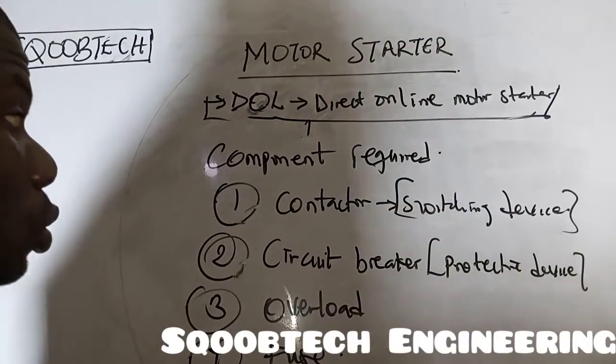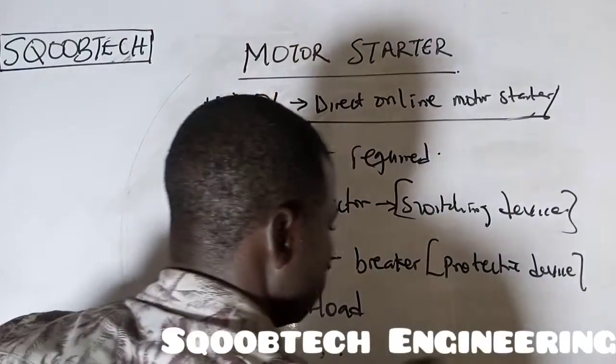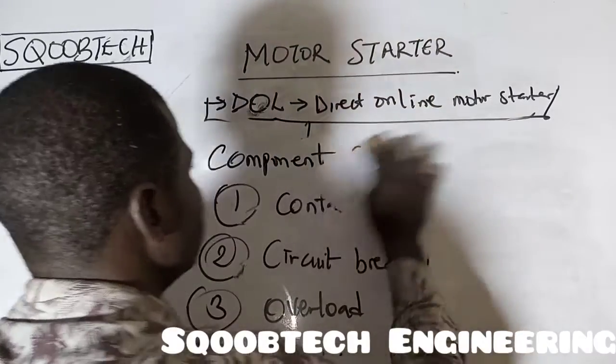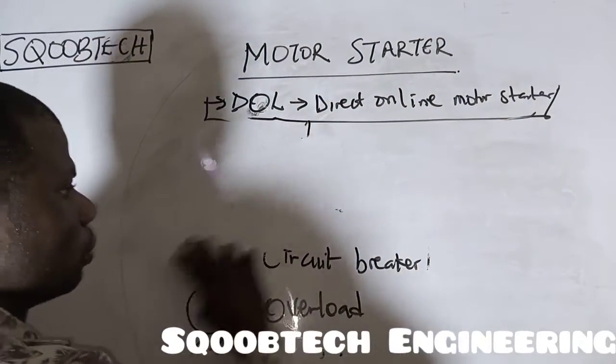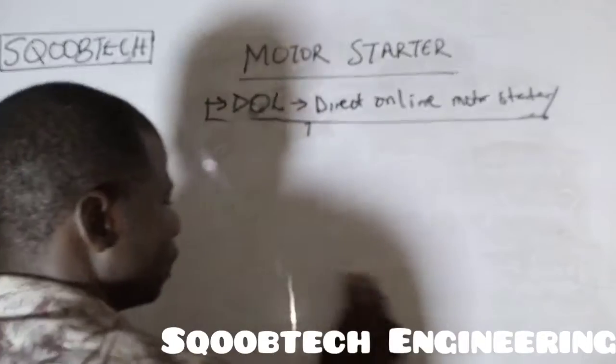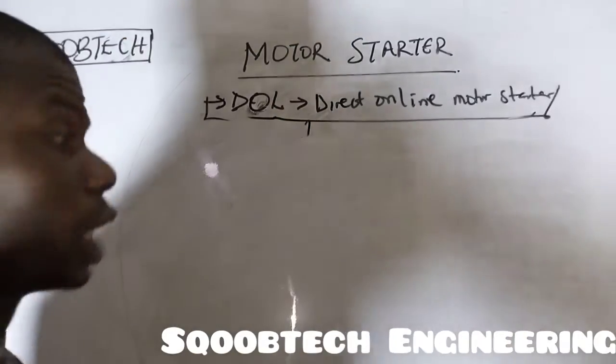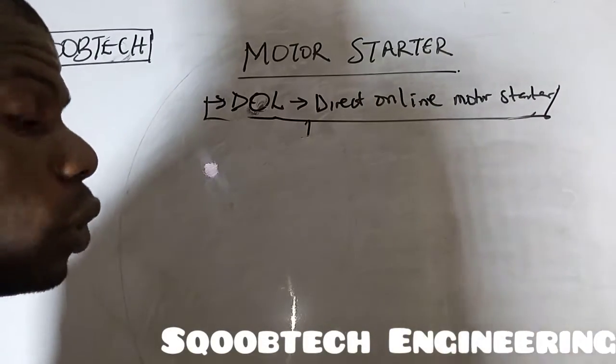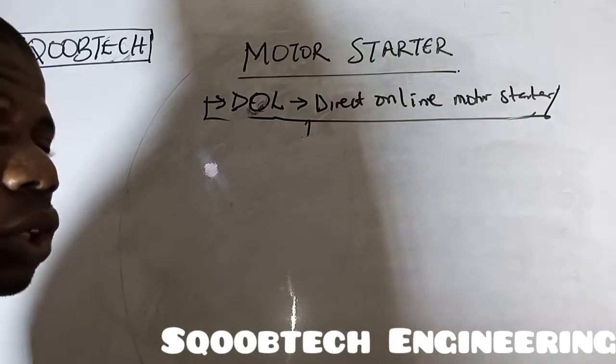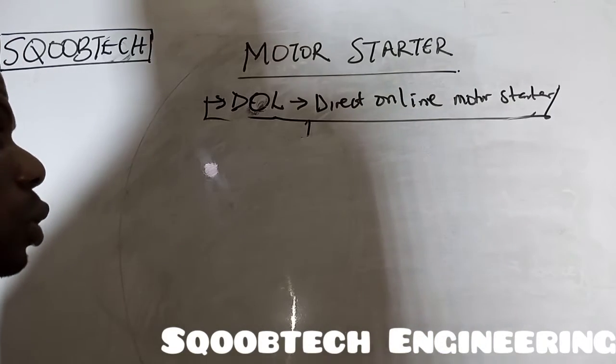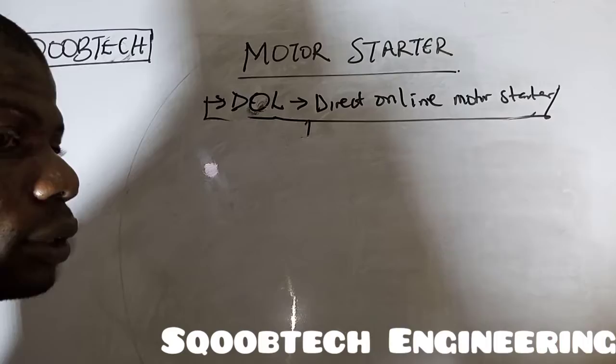I'm going to show you the drawing, how to draw the power circuit and the control circuit of a direct online motor starter. We should not forget that the essence of this class is for us to know how to connect your cable to power an electric motor by pressing it on and off.